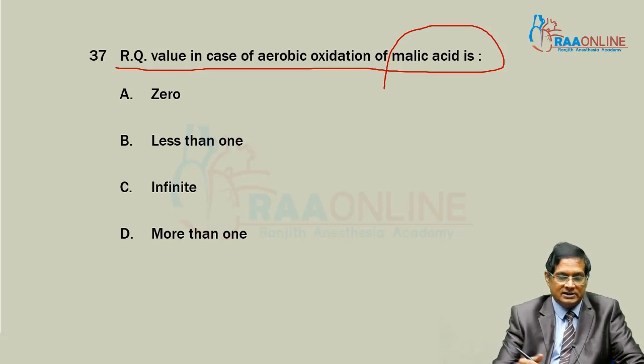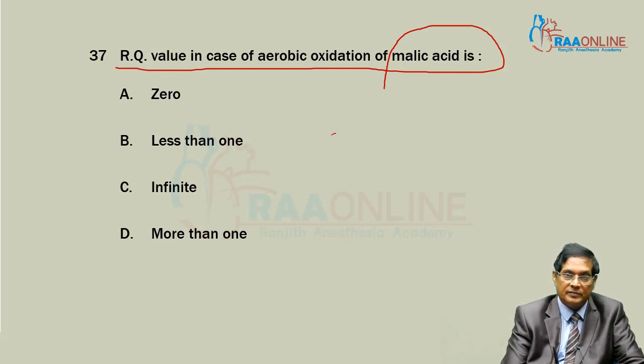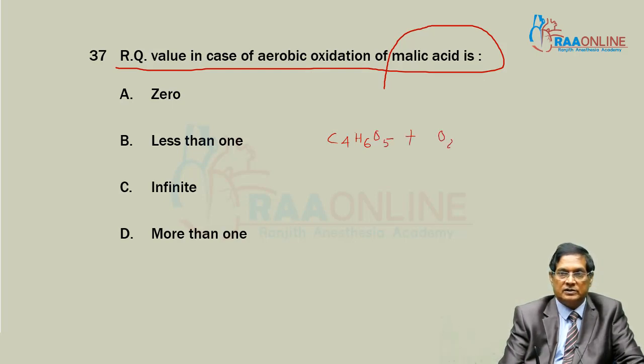Malic acid is an organic acid, C4H6O5. If it undergoes oxidation, it forms CO2 plus H2O. 4 carbon dioxide is released, then 3 H2O is also released.